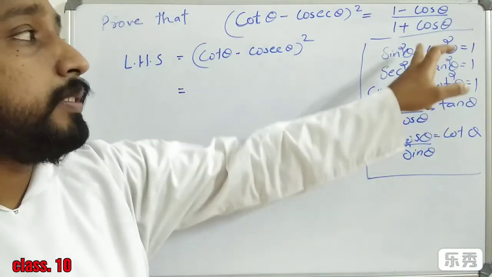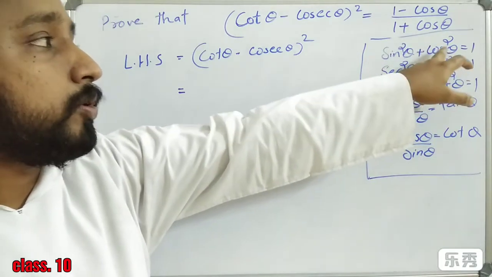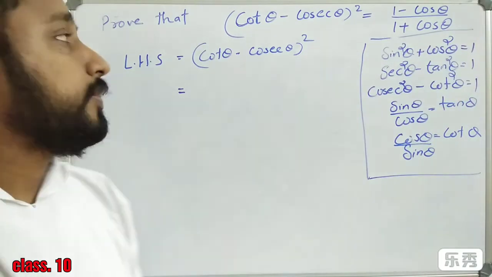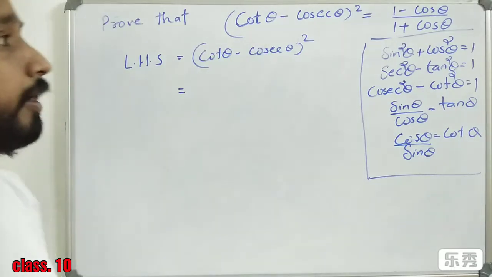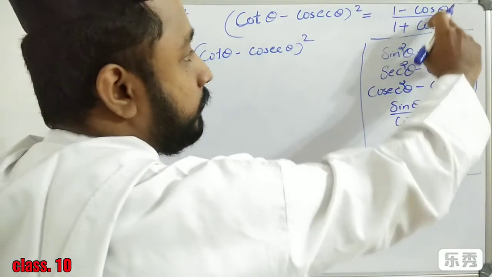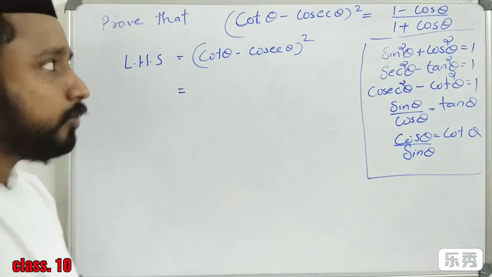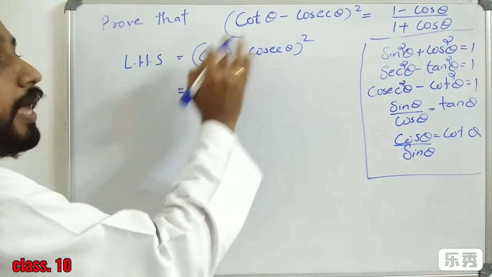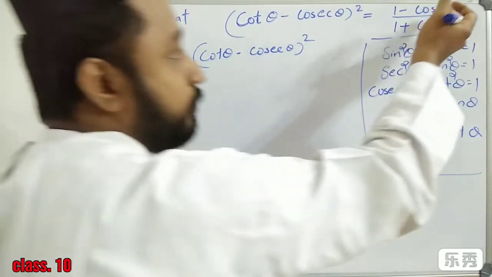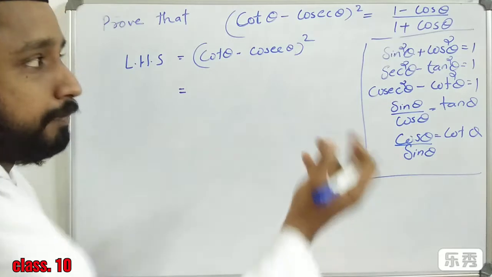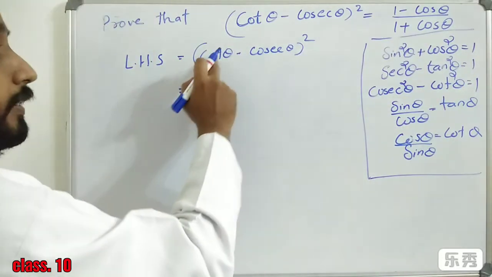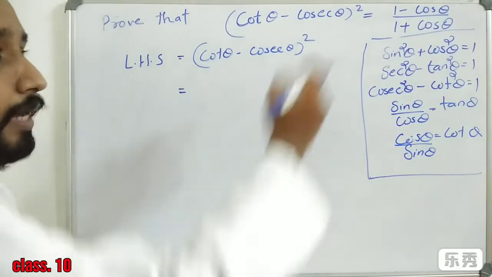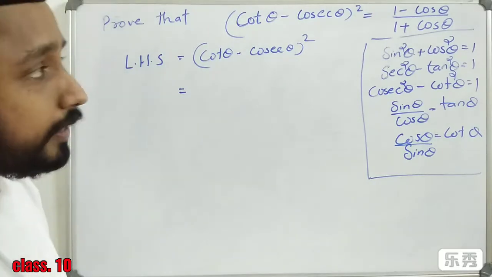So the relationship is sin square theta plus cos square theta is equal to 1. So here, (cot theta minus cosec theta) all square, we have to prove (1 minus cos theta) divided by (1 plus cos theta). So we are going to change cot and cosec in terms of cos or sin, because sin and cos are related. So we can change this cot and cosec in terms of cos or sin.